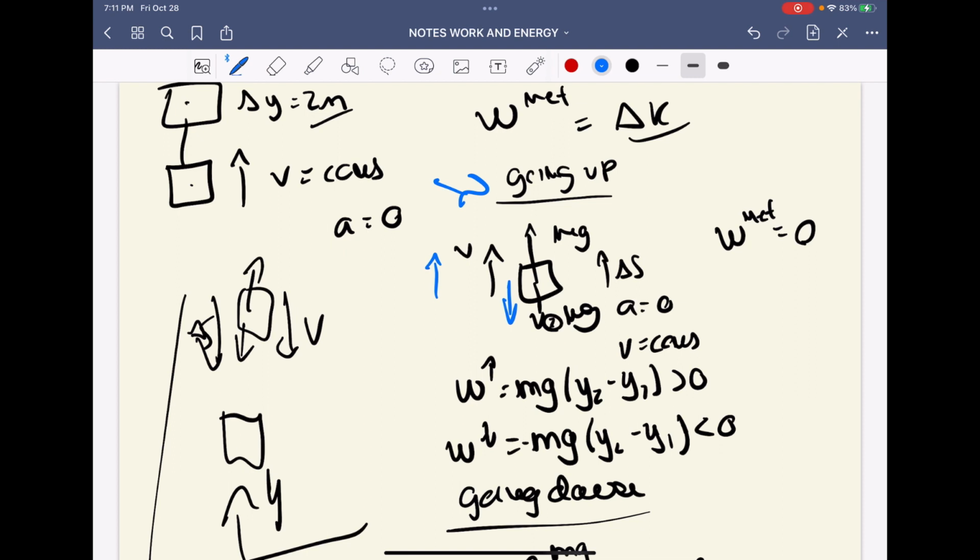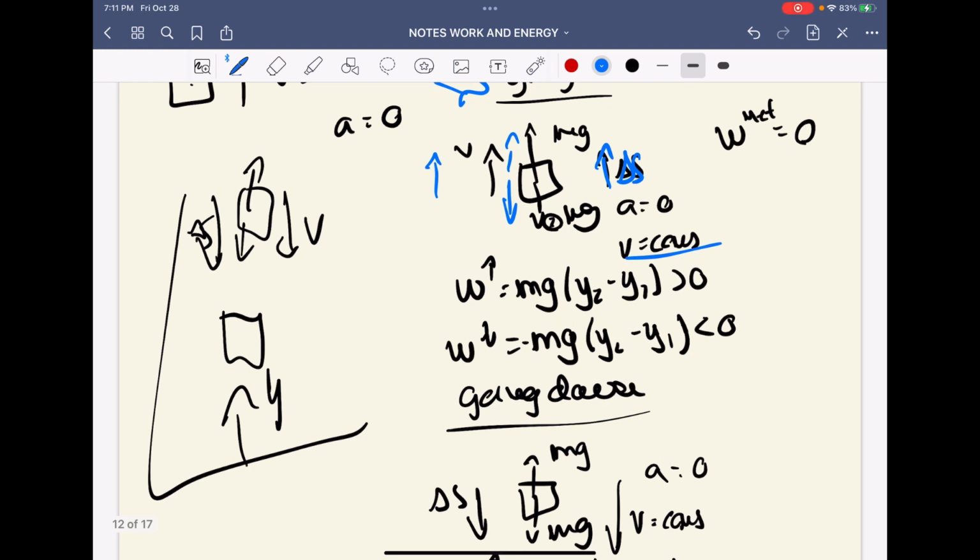Well, we have mg here, and we have also mg here, and the displacement is obviously going to happen in the up direction. So a is going to be equal to 0. Since v is constant, then we can draw these equations. The work done when it's going up is positive, it's more than 0. Then it's going to be mg times (y2 minus y1), and that's the work in the up direction.